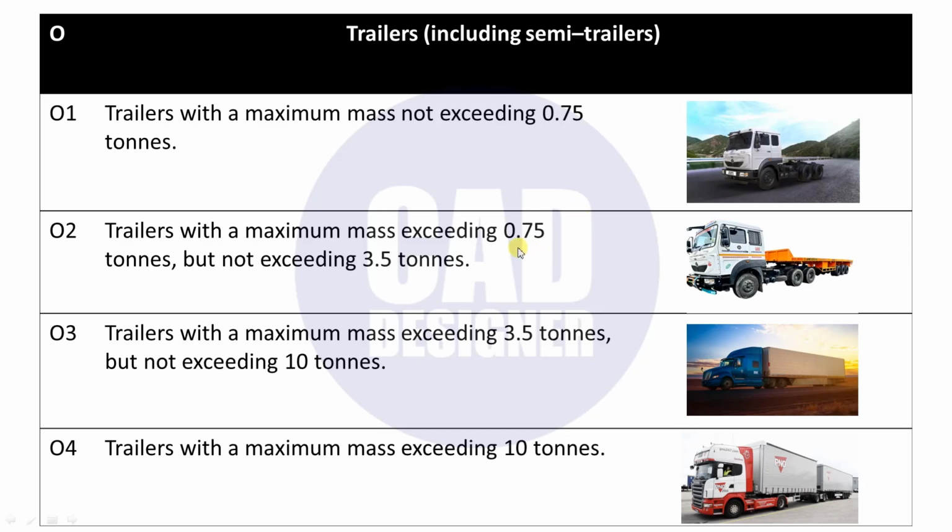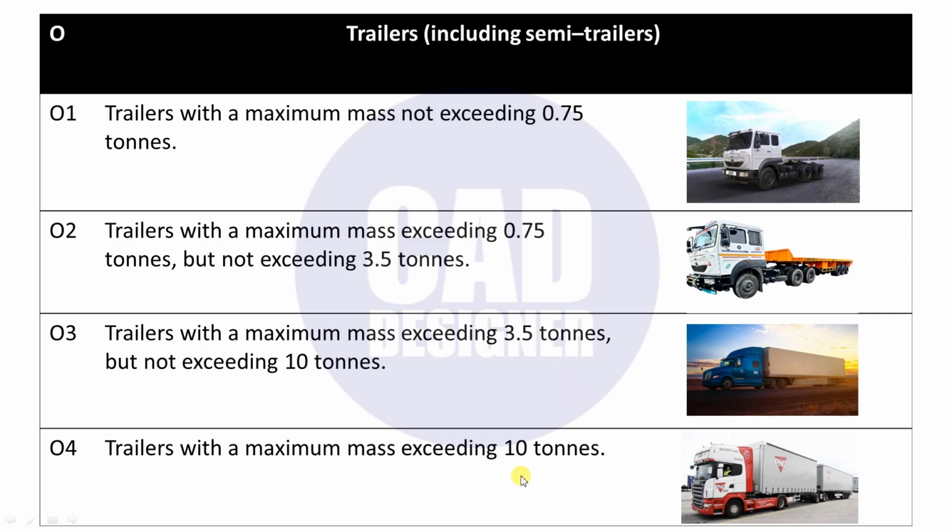Then the trailers with mass carrying capacity between 0.75 ton and 3.5 tons come in the O2 category. Then in the O3 category, trailers carrying mass between 3.5 ton and 10 tons come in the O3 category.